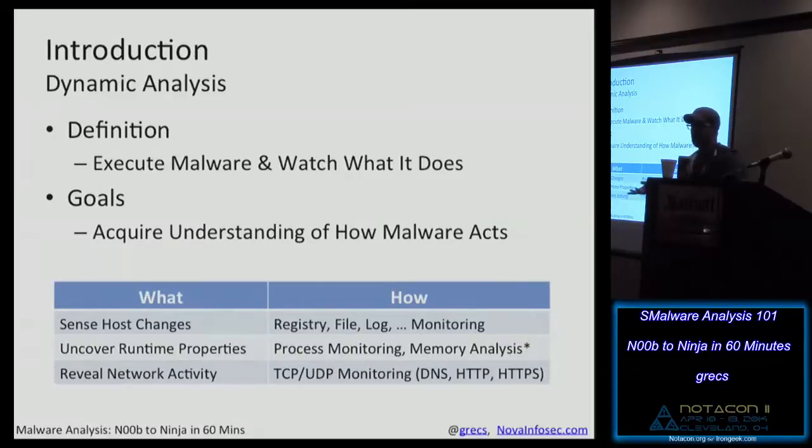That goes a little more into forensic-type stuff, but it could still be useful in basic malware analysis. The last goal is to reveal network activity. This is basic TCP, UDP, all that sort of fun stuff. You see IP addresses it's connected to, host names, and the different protocols it might be using, DNS, HTTP, etc.